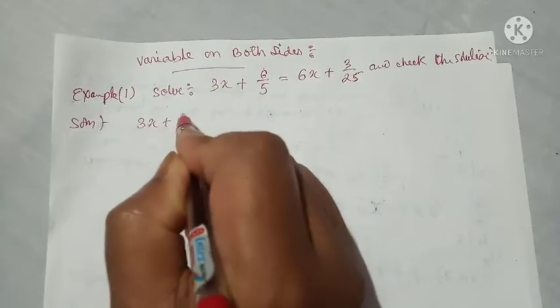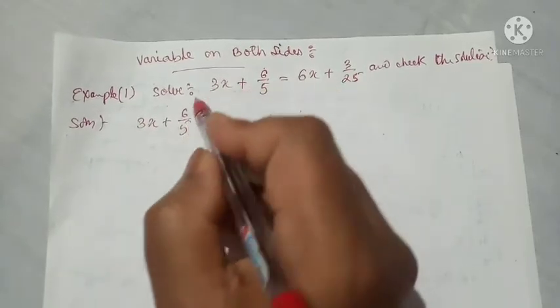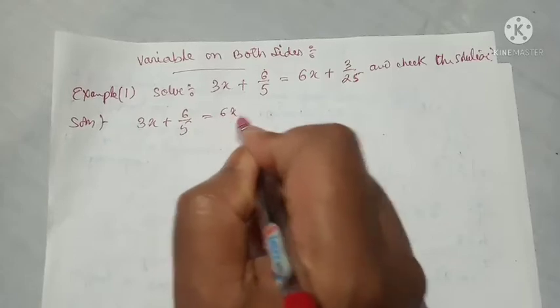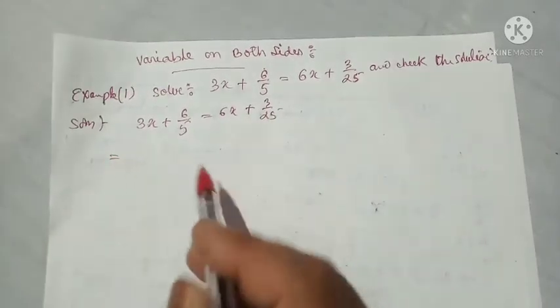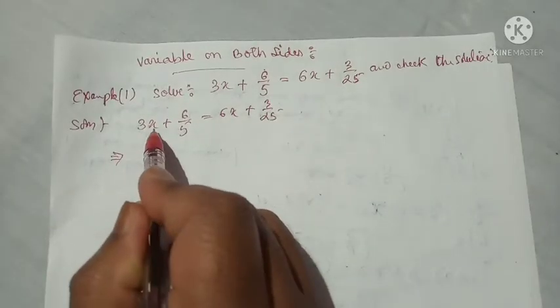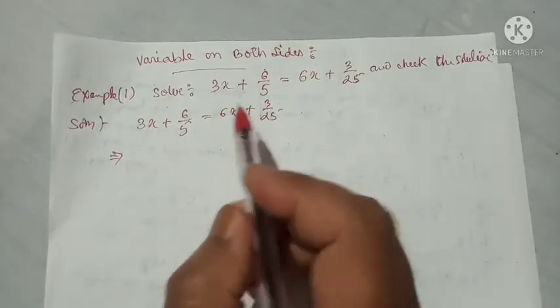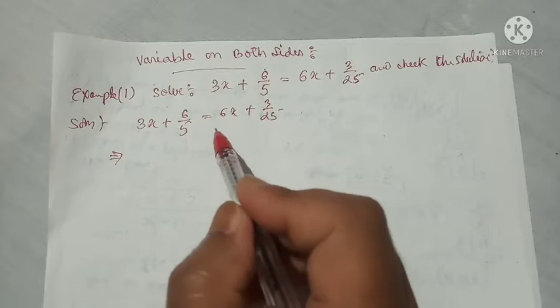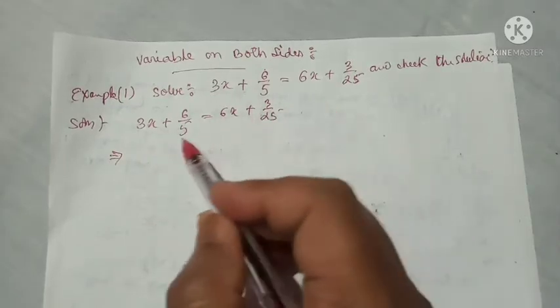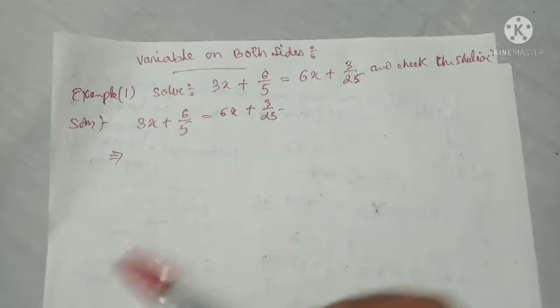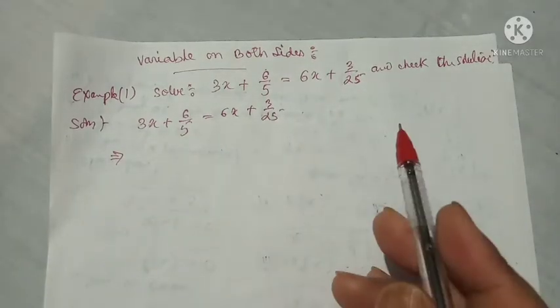3x plus 6 by 5 is equal to 6x plus 3 by 25. In this case there are two variable terms, 3x and 6x. According to the rules, all the variables should be transposed to the left hand side, and all the constants, that means the numerals, to the right hand side.